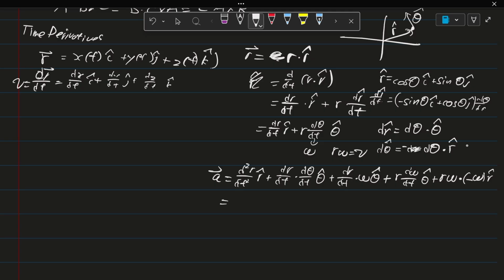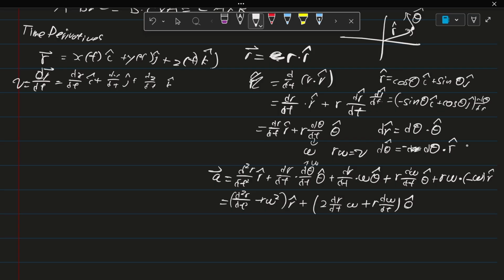So if we compile everything in, what we would get is d squared r over dt squared minus r omega squared, everything in the r hat direction, and then you add this with 2 dr over dt omega plus r d omega over dt in the theta hat direction.